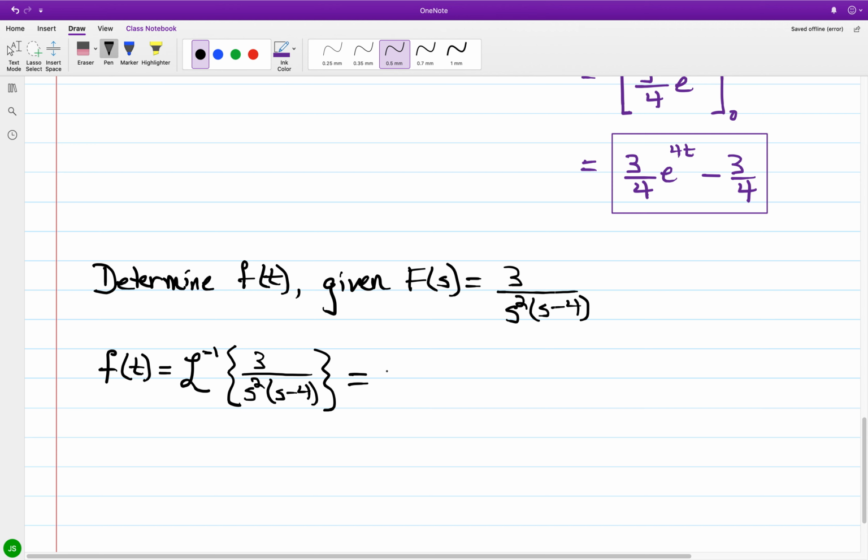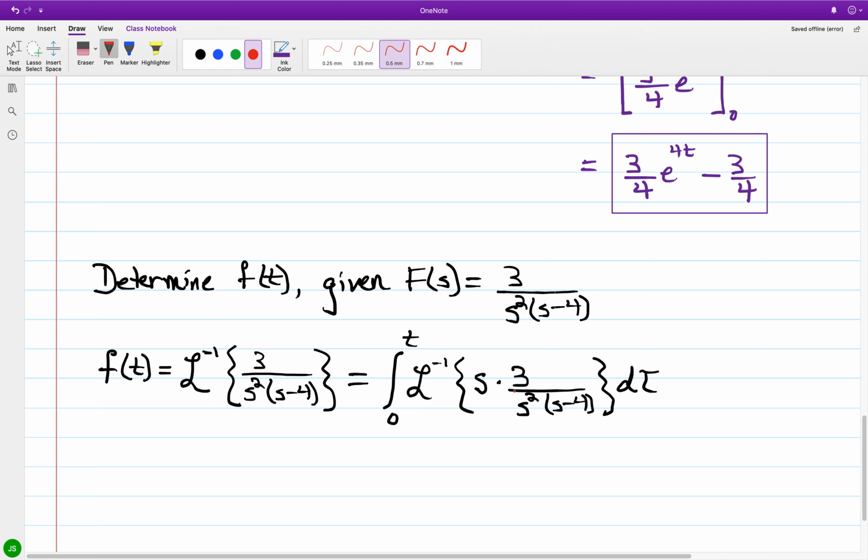And if I put what I have in terms of integrating, I have s times 3 over s squared times the quantity of s minus 4, multiplying the ratio by s. So we have remaining, instead of s squared at the bottom, we now have s.